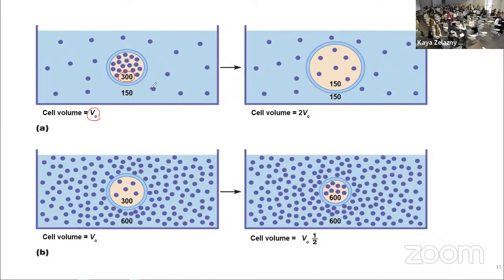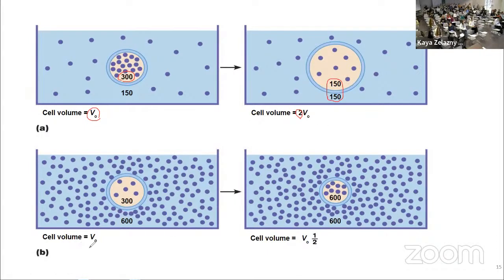So we're going to have water move in to water down that 300 milliosmoles. So it was twice what the outside was, and when it comes to equilibrium, it becomes isoosmotic due to water flowing in. That cell volume is now twice the original volume. Okay. So 2 times the osmolarity for this number, which means that after a while, we're going to end up with 2 times the cell volume.